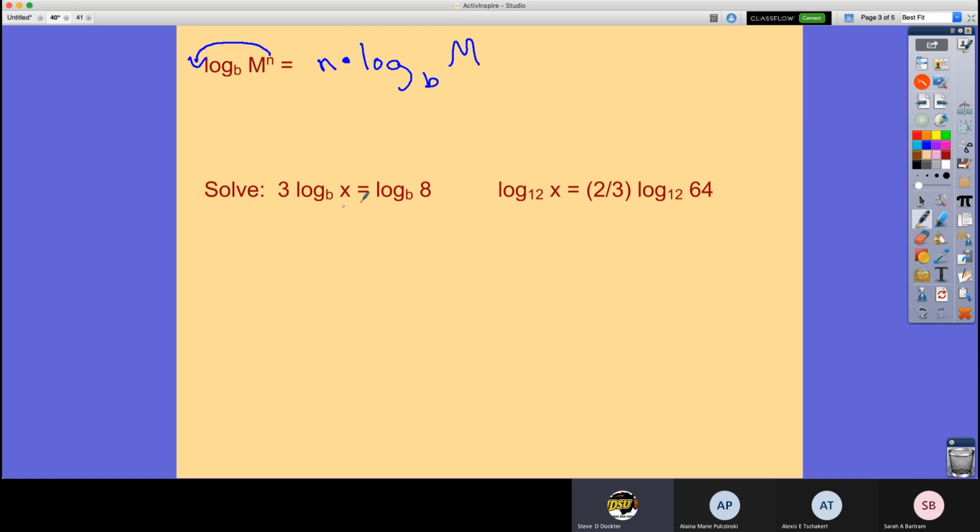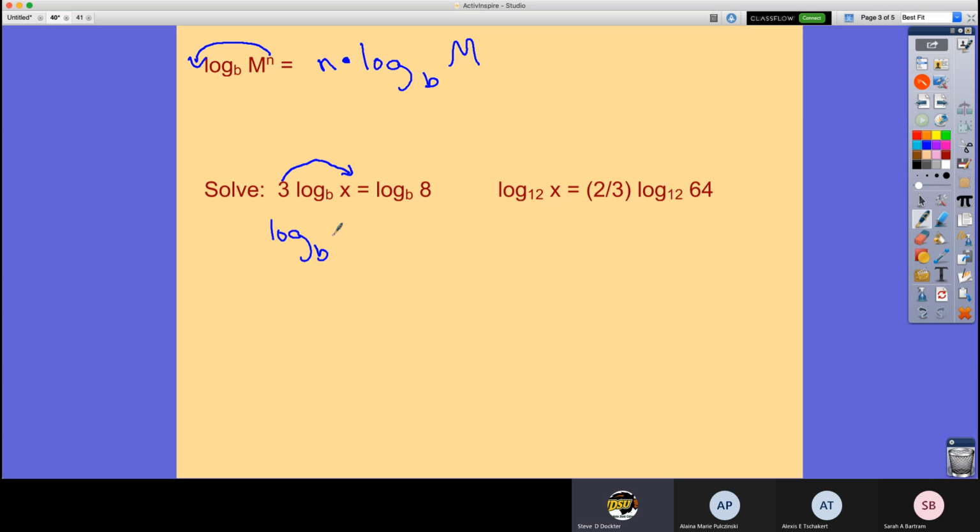All right, so we look down here. We need to solve 3 times log b of x equals log b of 8. Now we got to figure out what x is here to be able to do that. Well, this 3 we can always put up there into the exponent.